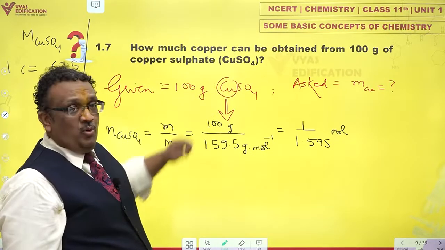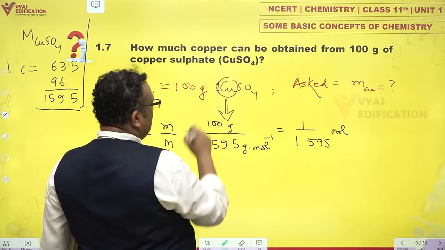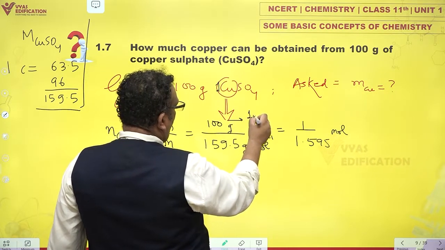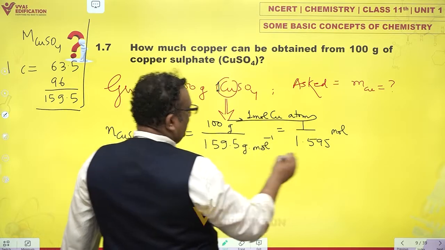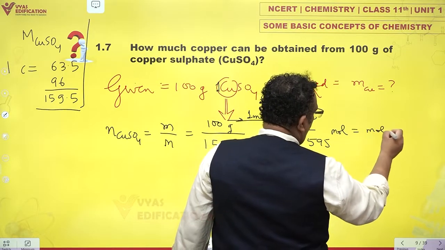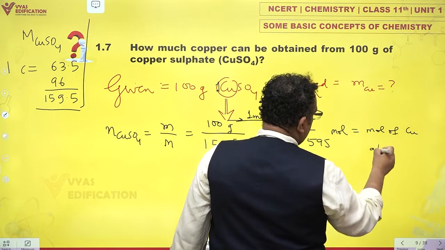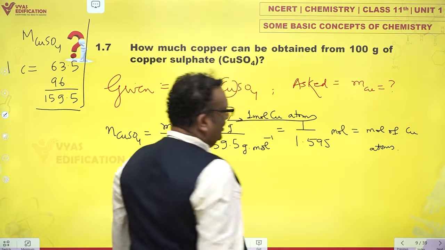Now, 1 mole of copper sulphate molecules contain 1 mole of copper atoms. So, this is equal to moles of copper atoms.